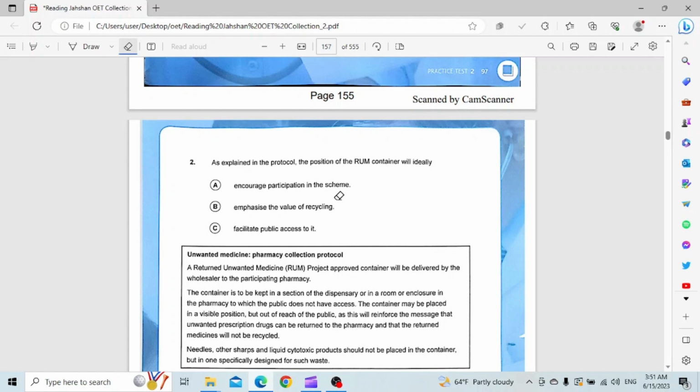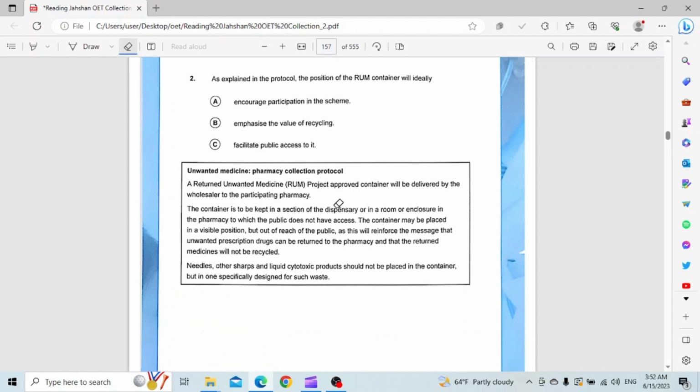So this is very important. You have to read the scheme very thoroughly so that you can predict. Put yourself in the shoes of the writer of the text. He is pointing to encouraging participation in the scheme itself.